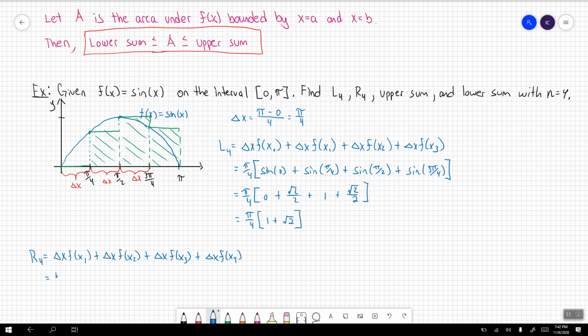Since all the delta x's are the same, we'll factor that out as pi fourths. Sine at x sub 1, which is just pi fourths, plus sine at pi halves, plus sine at 3 pi fourths, plus sine at pi.